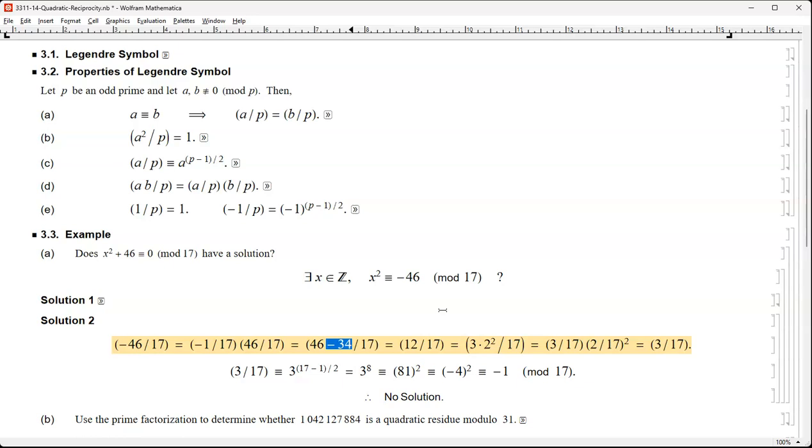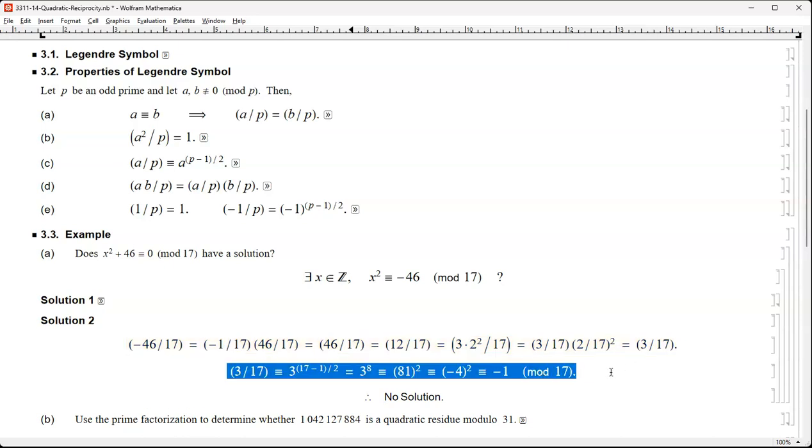If you do that, you're going to get 12, and 12 can be factorized further, 3 times 4. So we can decompose into 3 over 17 times 2 over 17 squared, and then this one is squared, so it becomes 1. Yeah, anything squared is 1. So we end up with 3 over 17. Well, 3 is a prime number, and it's small enough, so you cannot simplify this any further.